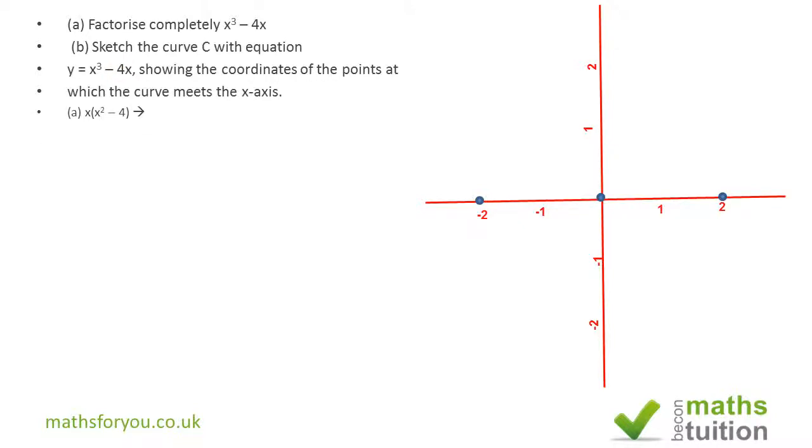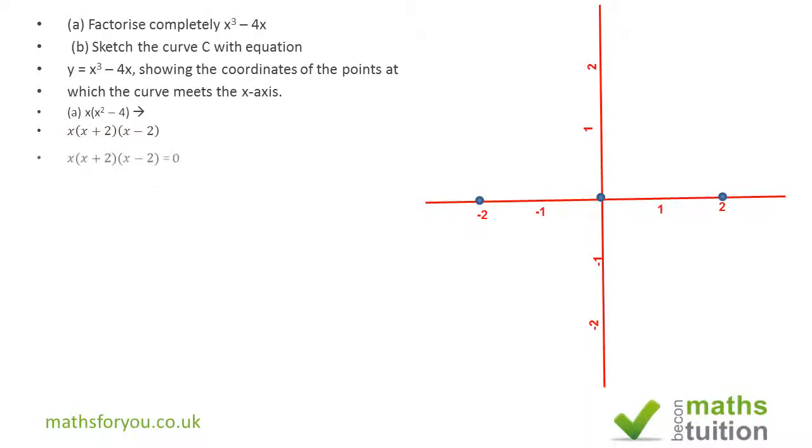So if we take the x outside the bracket, we have x times x squared minus 4, and x squared minus 4 we can write as x squared minus 2 squared. This is the familiar difference of two squares, which factorizes as x plus 2 times x minus 2. So the complete factorization is x times x plus 2 times x minus 2.